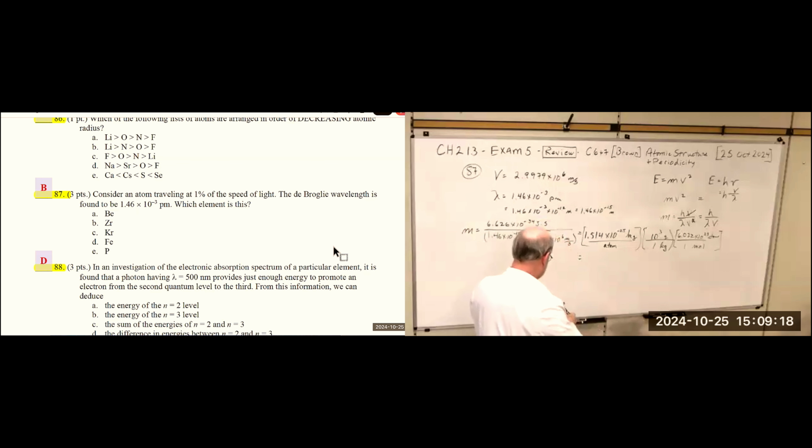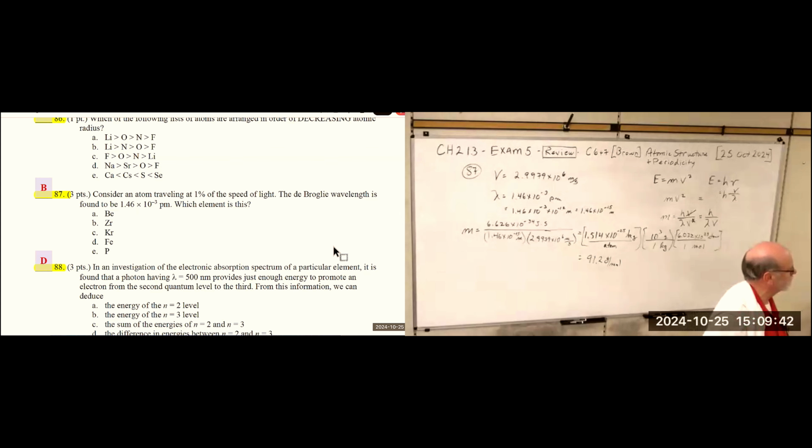All right, so I already got this one in my calculator. I'm going to multiply it by 1,000 and then multiply it by Avogadro's number. And I get 91.2 grams per mole. So what would that be?